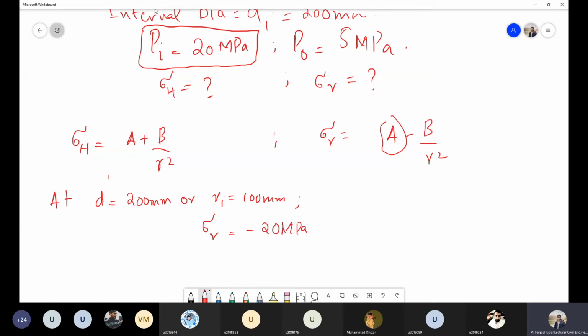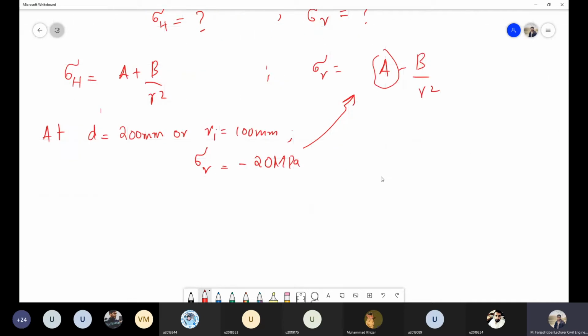Now if I substitute this condition into this equation, I will get one equation, that is minus 20 is equal to A minus B over 100 square. This is my one boundary condition, but I need another condition as well.